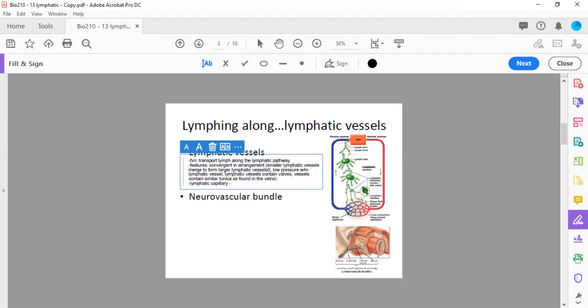It goes in, merges and becomes what's called afferent lymphatic collecting vessels.